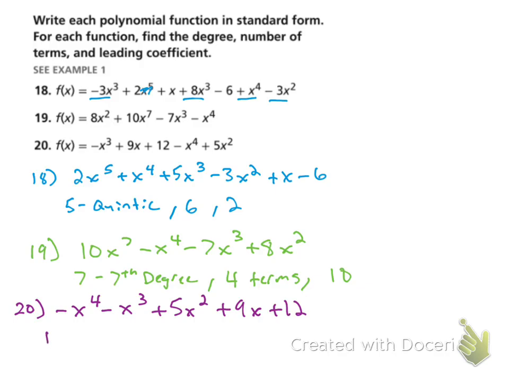The degree would be 4, meaning it's quartic. All right, we'd have 1, 2, 3, 4, 5 terms. And then the leading coefficient there would be -1. Okay, so we'd have a 6-term polynomial, 4-term polynomial, 5-term polynomial. We don't have a monomial, binomial, or trinomial there.